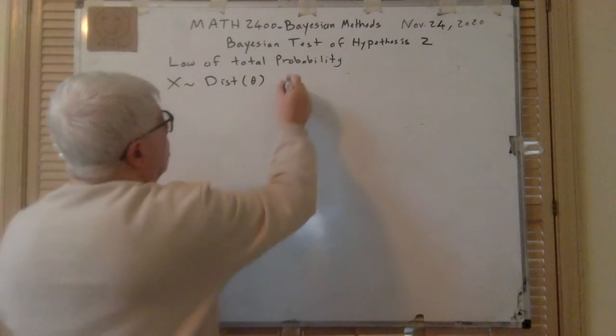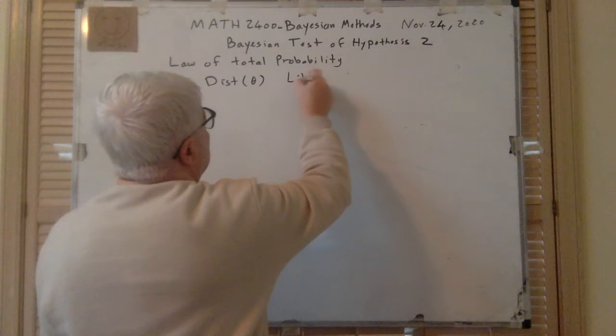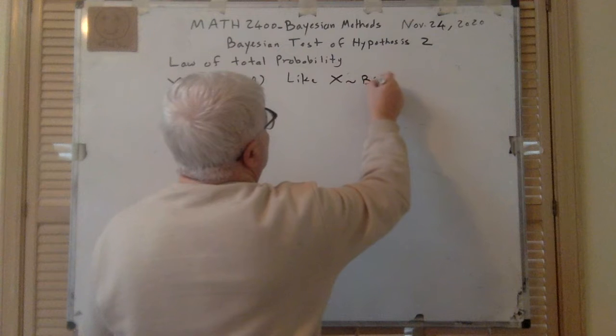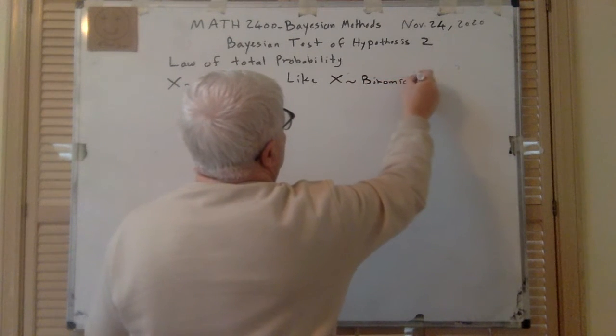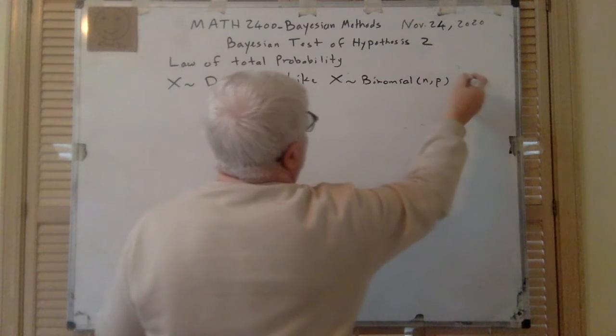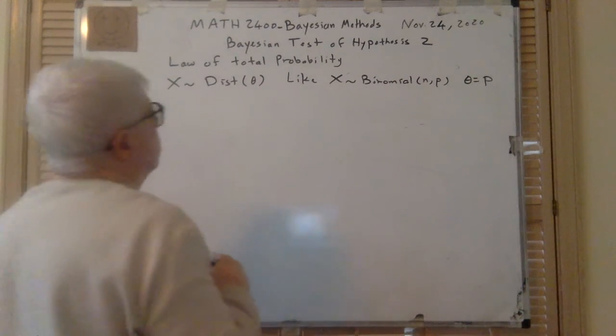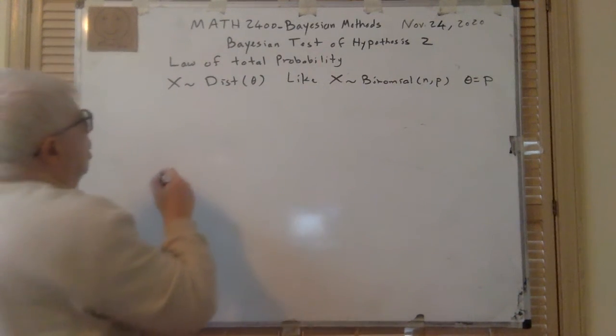It can be like, say, X is binomial, and the theta here is P, or something like that.